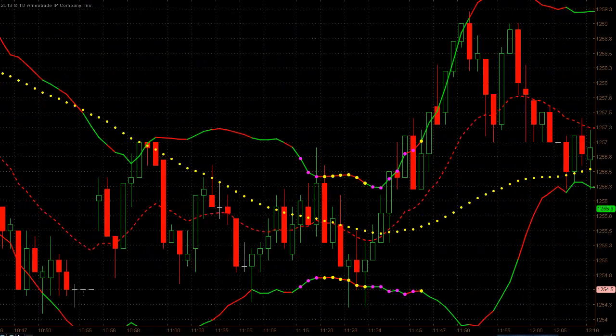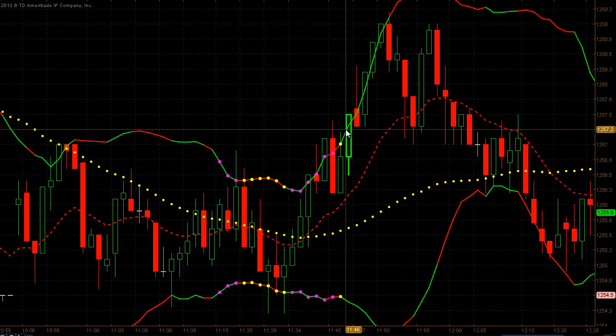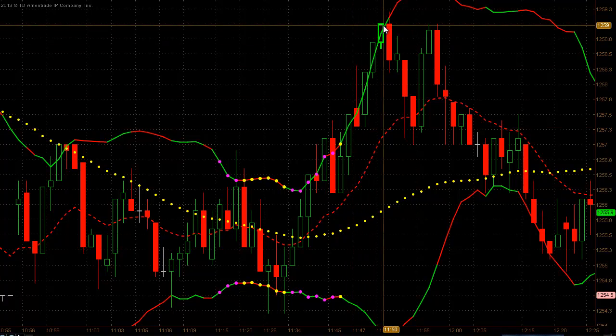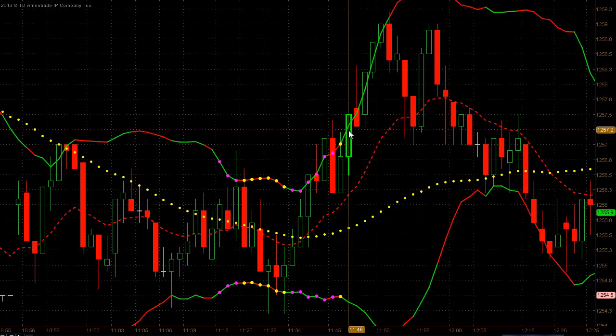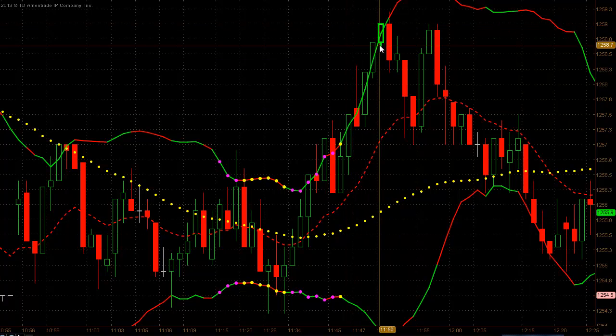Here's another one. Here's a compression breakout to the upside. It came at 11:46 Central, broke at about 12:57.30, hit about 12:59. So good for $200 there, and that took again 46 to 50. That's about 4 minutes.